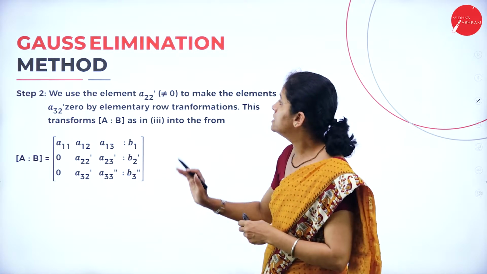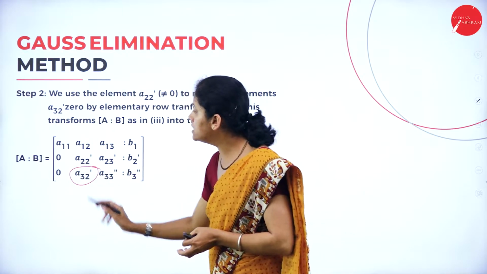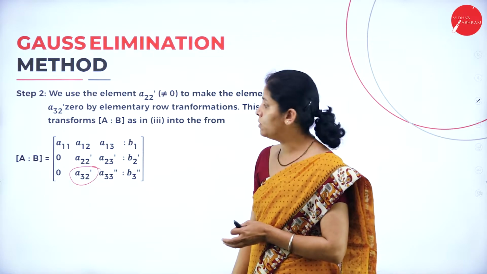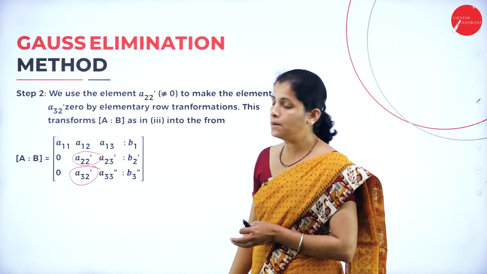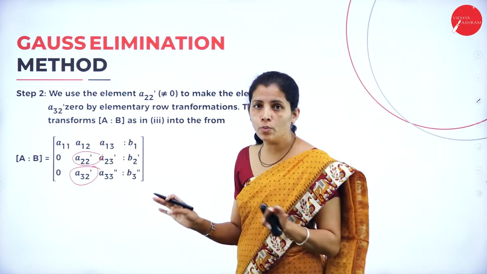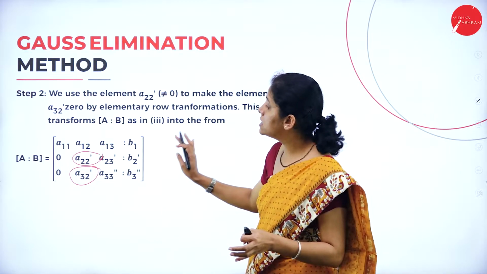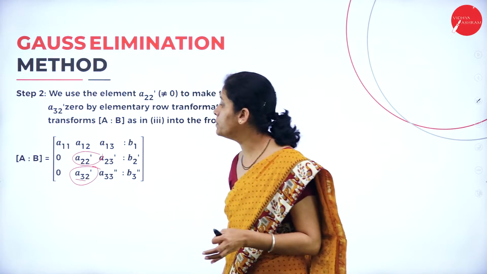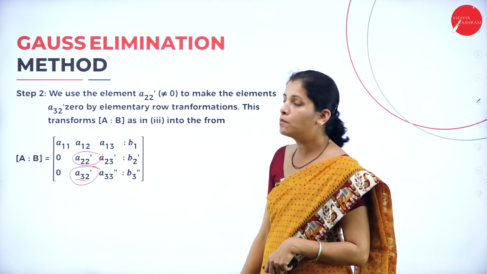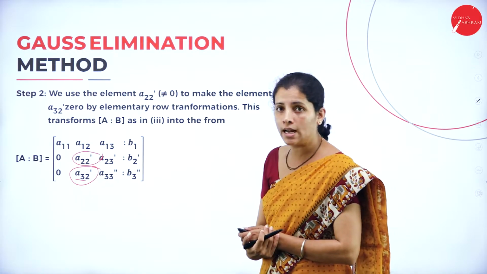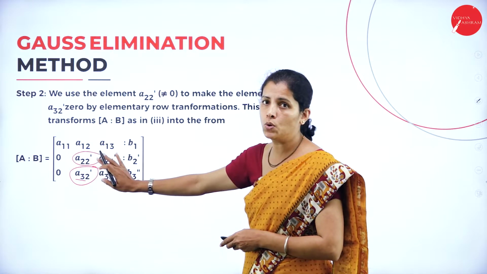Now, see here in my step 2, I just want to make this A32 = 0 by considering this A22. That means I don't want to make A22 = 0, and I want to construct the formula in such a way that I just want to make A32 = 0. Once again, I am going to use elementary row transformation to make this A32 = 0.